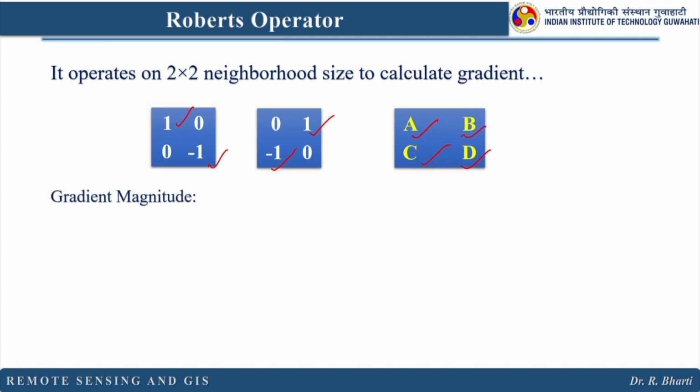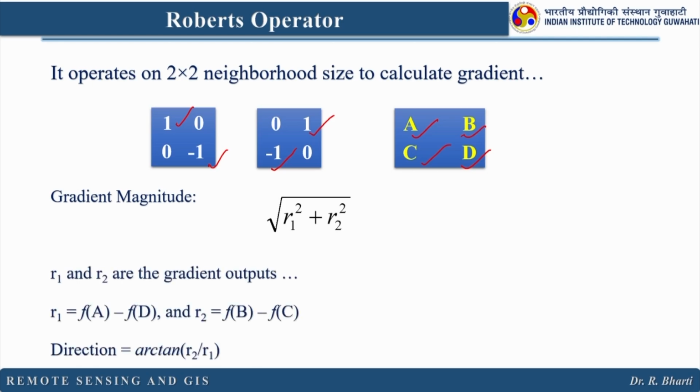If you want to calculate the magnitude, you can use this, where R1 and R2 are the gradient outputs, right? R1 is f(A) minus f(D) and R2 is f(B) minus f(C), and the direction you can calculate using arctan of R2 by R1, right?